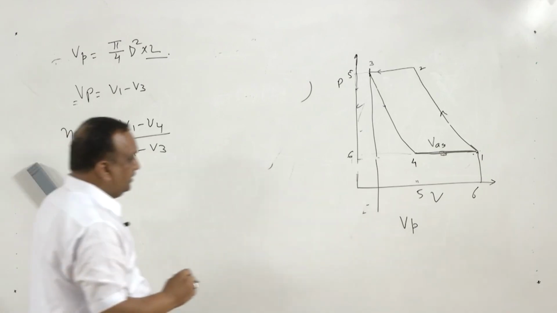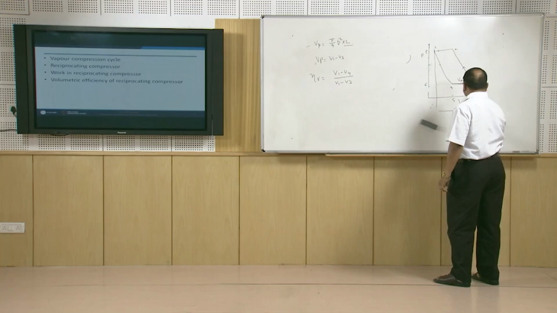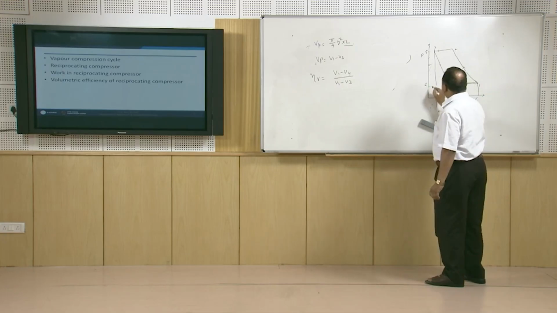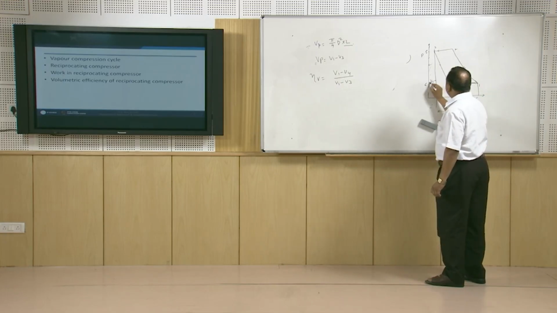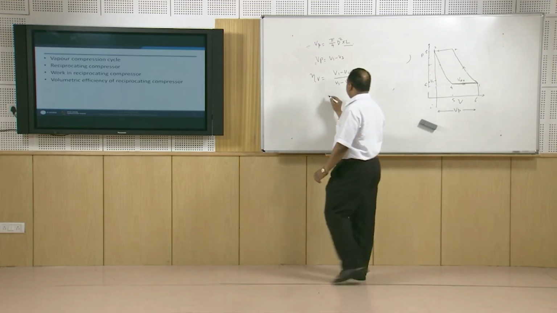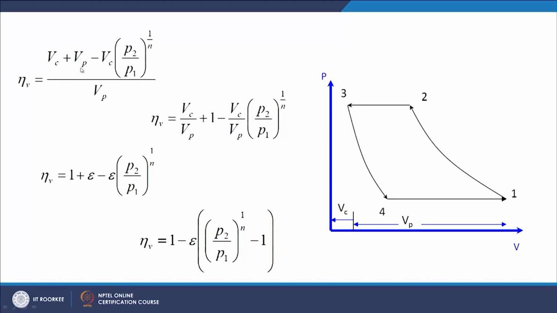Now here, this is the clearance volume Vc. So V1 is clearance volume plus Vp, and V4 we can take as clearance volume multiplied by (P2 by P1) raised to power 1 by n. This is this expansion process.